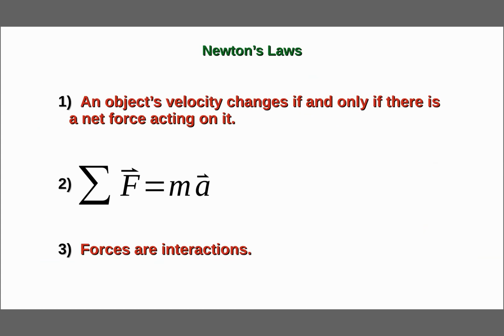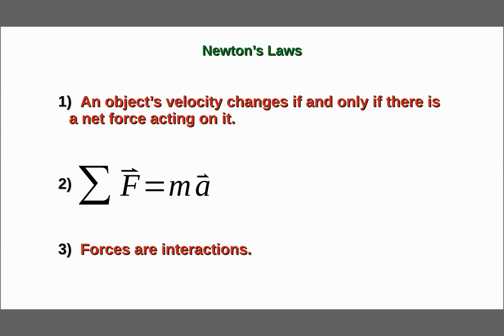So here are Newton's laws, stated in the really simple terms that I usually like to state them in, okay? The first one: an object's velocity changes if and only if there is a net force acting on the object, okay? The second law: the sum of the forces is equal to the mass times the acceleration.